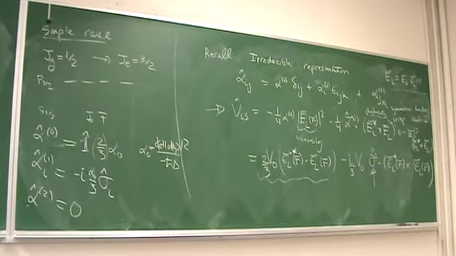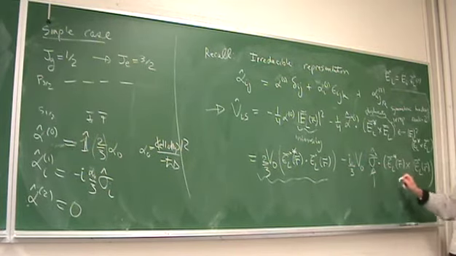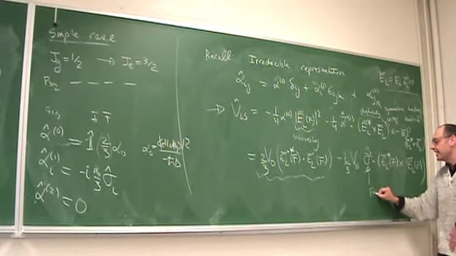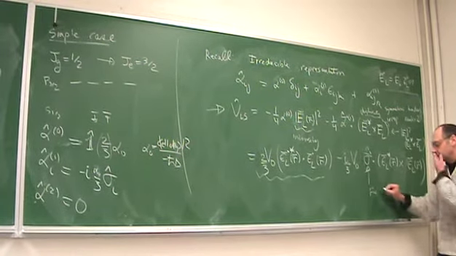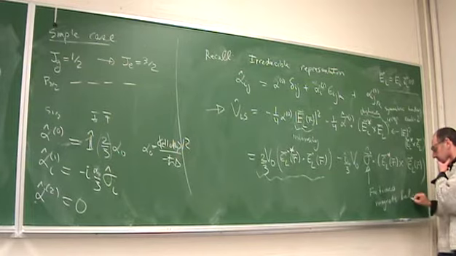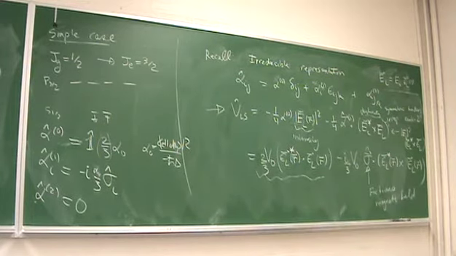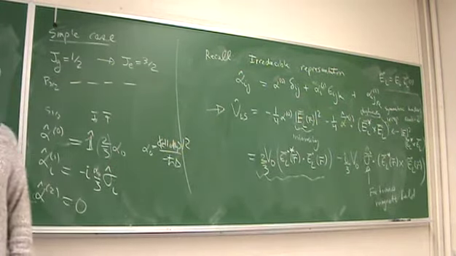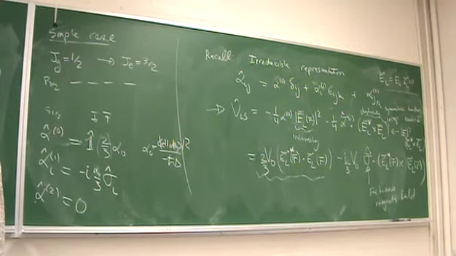In fact, this optical potential has the form of a constant term plus a term that looks like a fictitious magnetic field. What do I mean by that? Well, if you think about a spin 1/2 particle and its interaction with a magnetic field, how would you write that down?